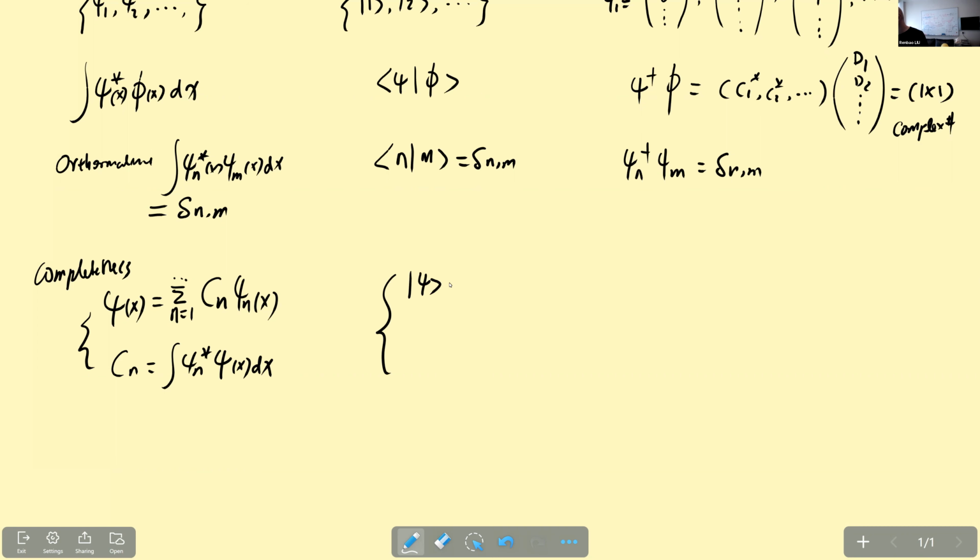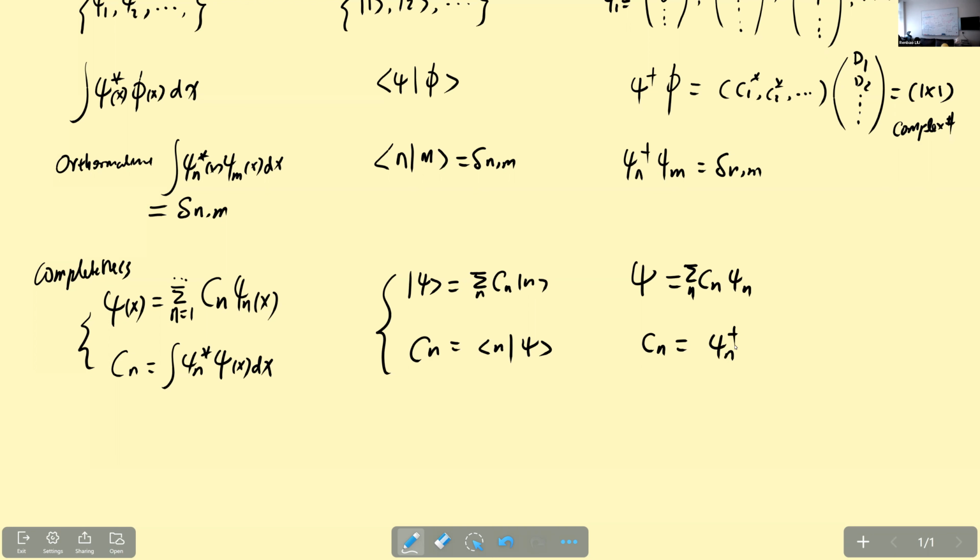So any physical state can be written as a summation of m, c_m, and |m>. With this coefficient, it's just the inner product between the basis state m and the state that you have. In the matrix form, any matrix can be written as a summation of m and these unit vectors, right? Okay, that's obvious. And with this c_m, it's nothing but just the matrix product between these basis states' Hermitian conjugate and the state that you have, right?